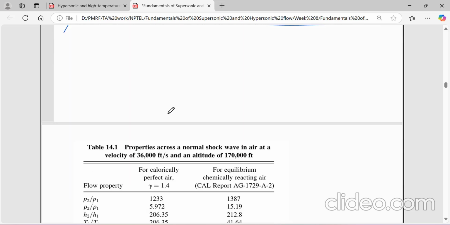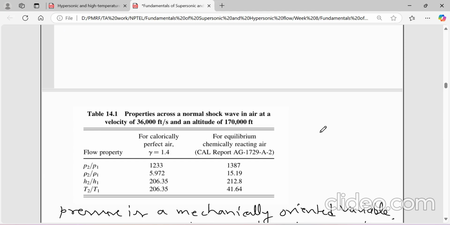For this, there is one table which I have taken from Hypersonic and High Temperature Gas Dynamics by Anderson. I have written the table number also, so you can check later.